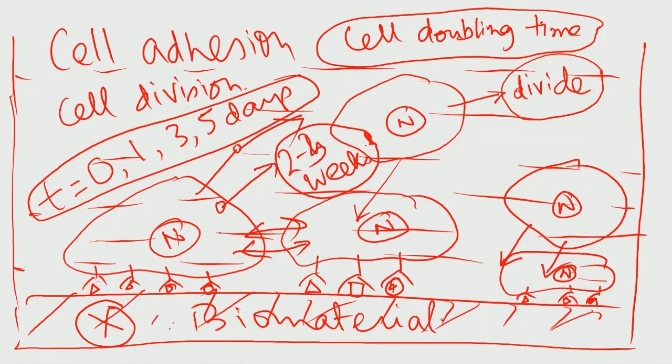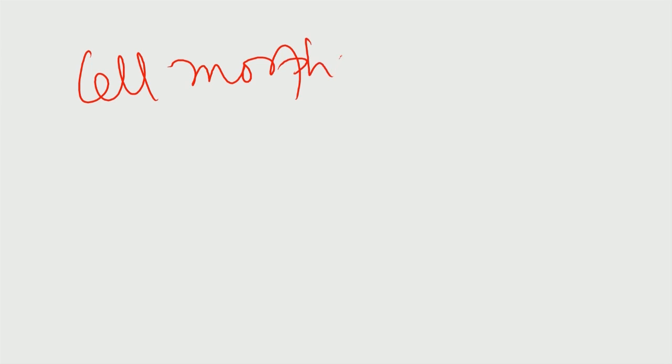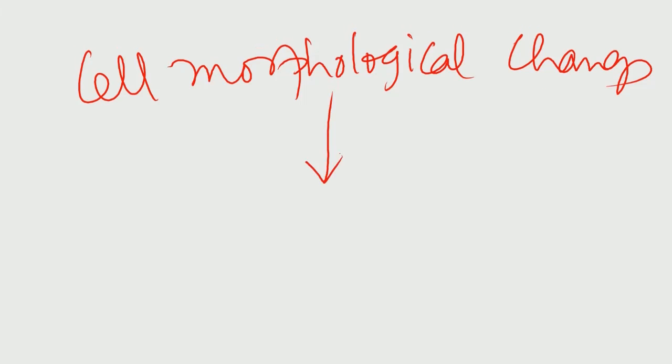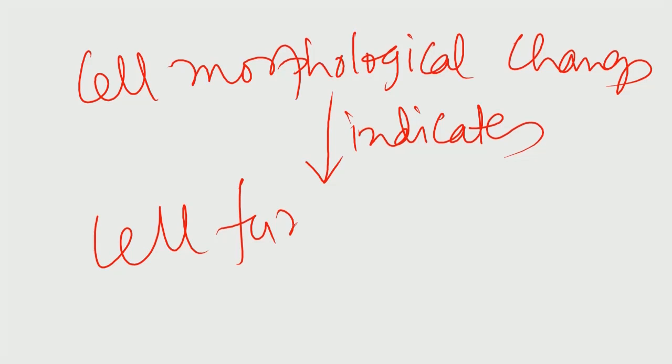Now, as I said, that indication many times comes from cell morphological changes. As I said, the morphology of the cell is important. So, cell morphological changes essentially indicate any cell functionality changes. Okay.